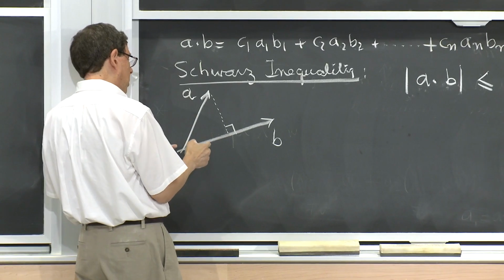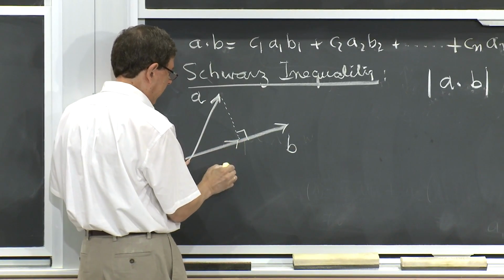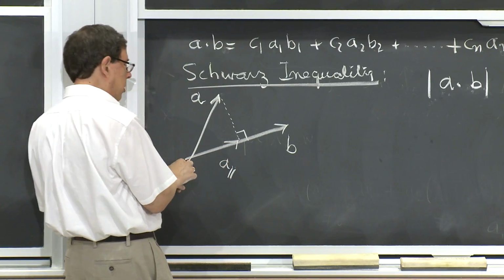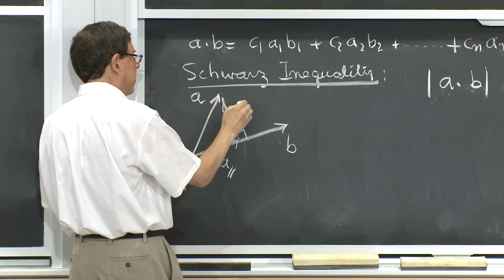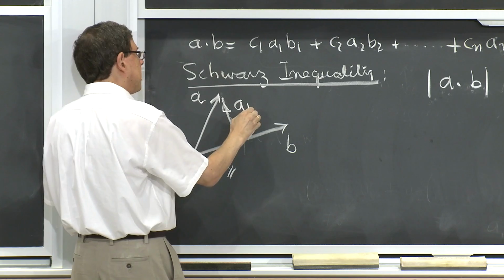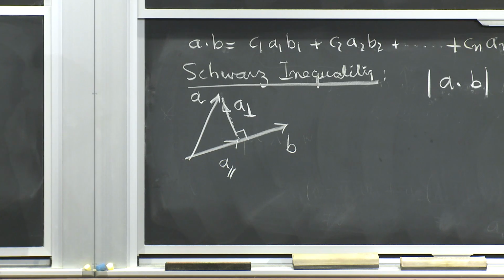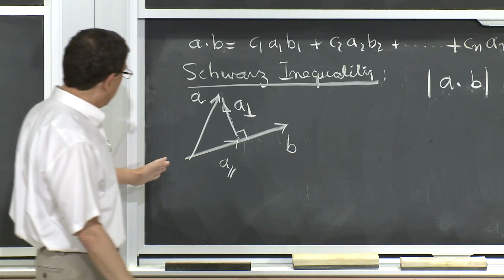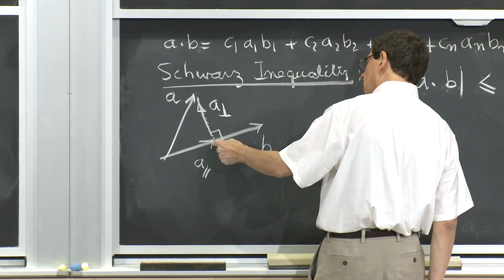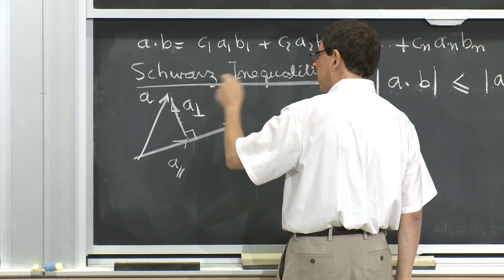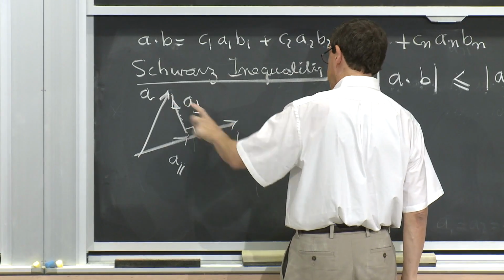That is, we will think of A as built from some A parallel that goes parallel to B and some A perp that is orthogonal to B. So any vector A that is not parallel to B can be written as the addition of an A parallel to an A perpendicular. And I want to write a formula for A perpendicular.